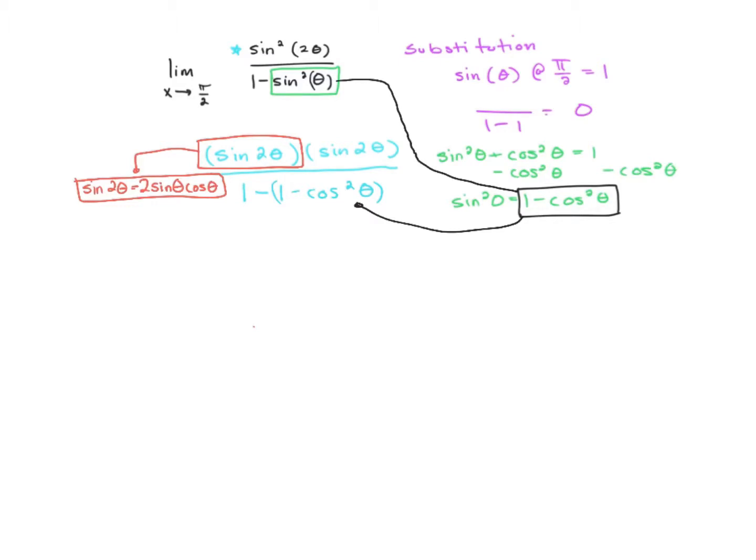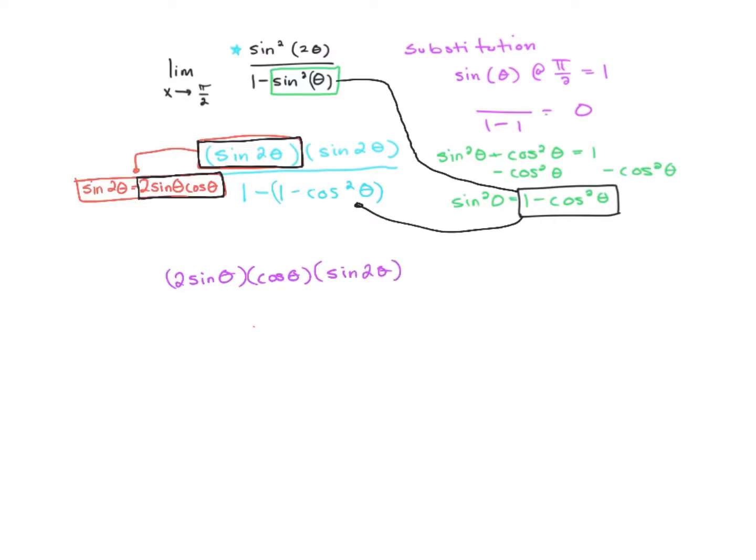We're going to say, okay, this piece here is going to replace our sine 2 theta. So we're going to say no longer sine 2 theta, we're going to say 2 sine theta cosine theta, sine 2 theta.